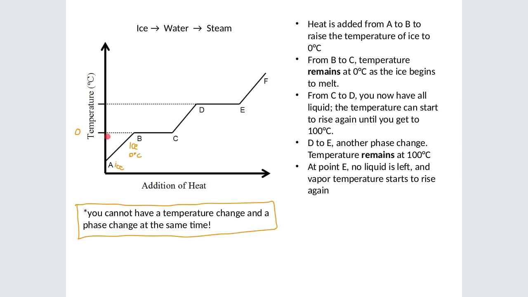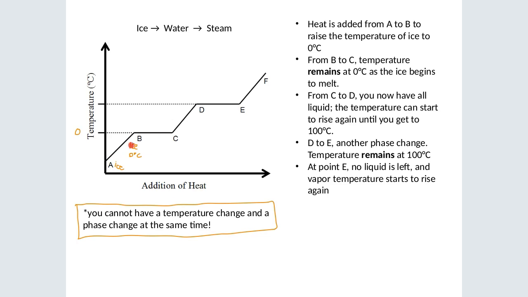So if I put that 0 out here and notice that I've got a flat line, all the heat that I'm adding, right? So we're still adding heat. We're going from left to right, but all the heat is going into melting the ice. So here is from A to B a temperature change, and from B to C, we have a phase change.